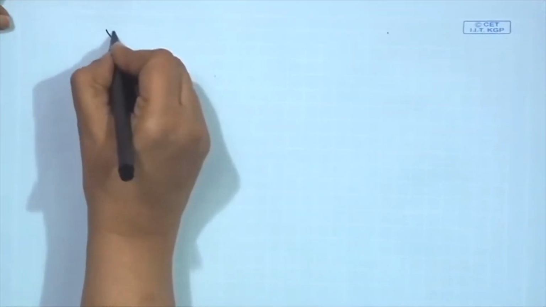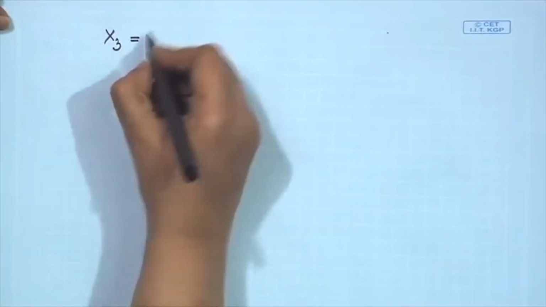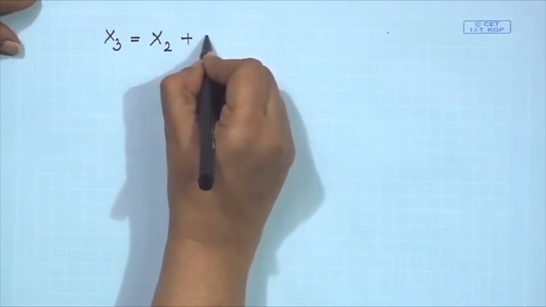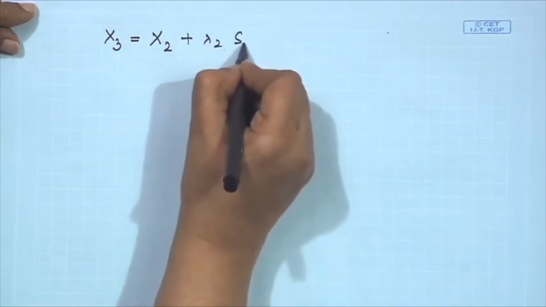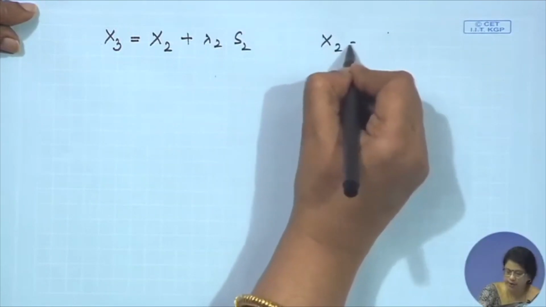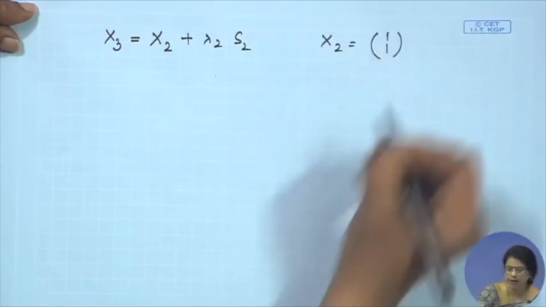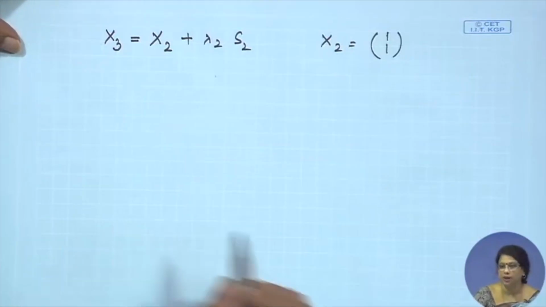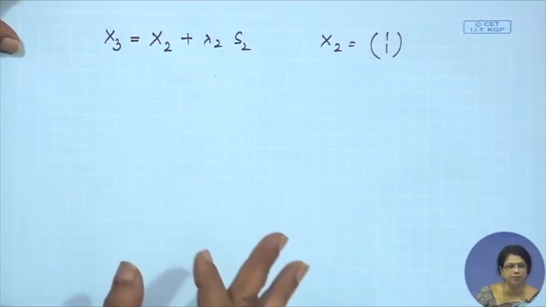I will go to x3. How will I go to x3? x2 plus lambda 2 S2, where x2 is 1 1. Now, what will be S2? S2 will be the usable direction, because I am already at the boundary of the feasible space.